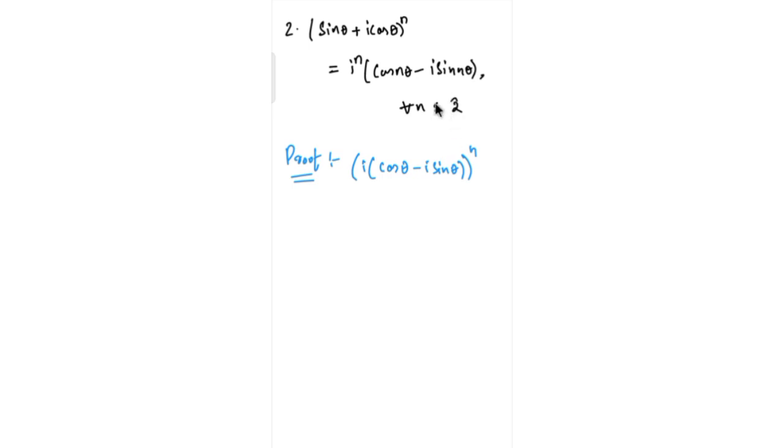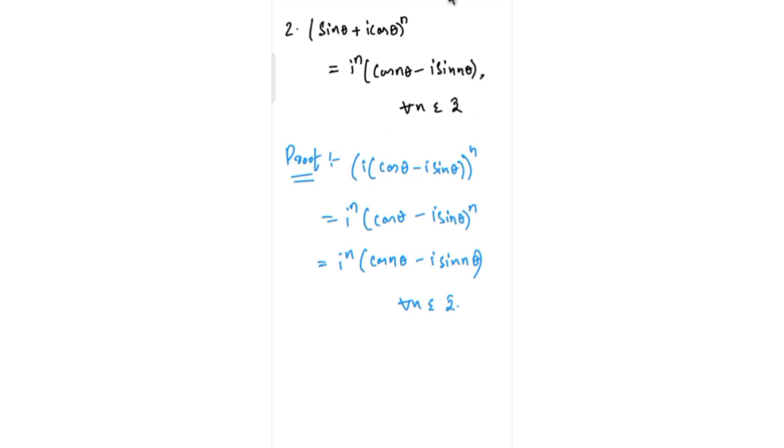So we get i power n into (cos theta minus i sin theta) whole power n, so we get i power n into (cos n theta minus i sin n theta). That's the simple proof, for every n belonging to integers. So the first thing is that we need to convert this into the Euler's form. It's not right to just bring the power n onto theta. We need to bring it to the Euler's form and then use De Moivre's theorem.